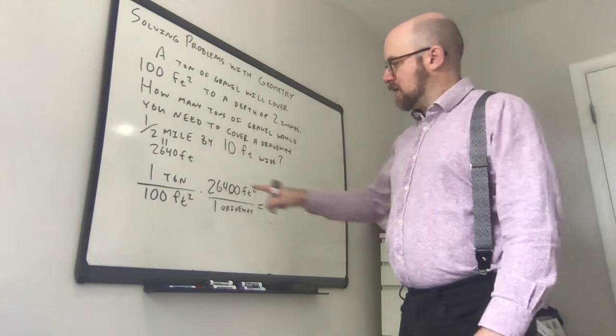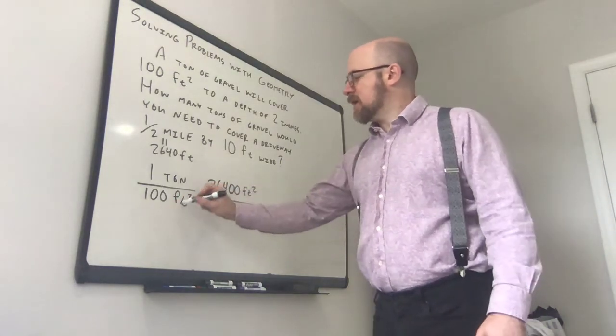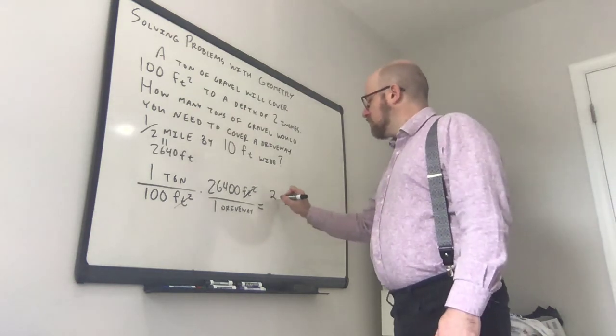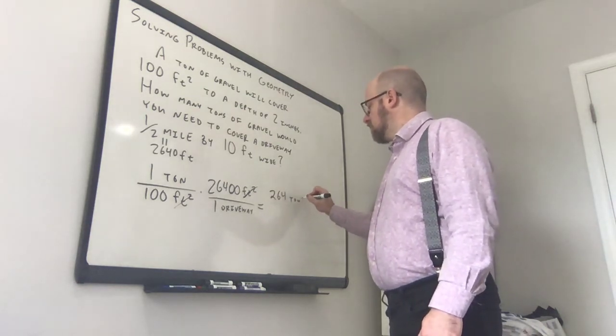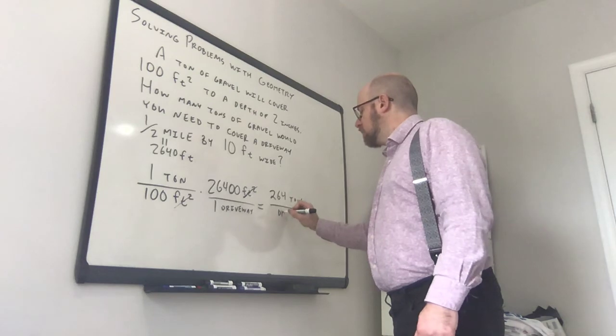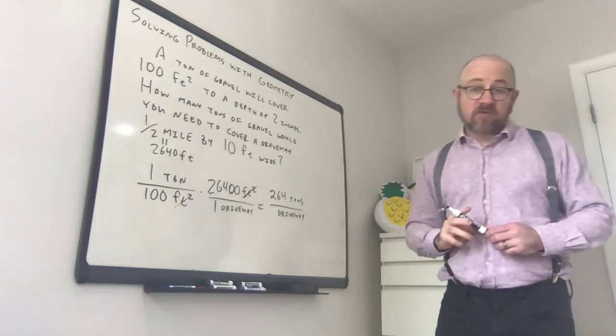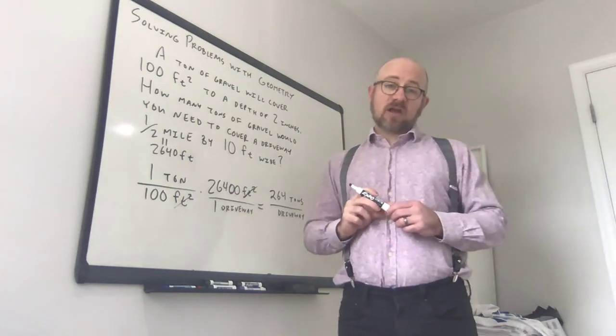And we end up getting 26,400 divided by 100. The square feet cancel out. And so we get 264 tons per driveway. We need 264 tons of gravel to cover this driveway.